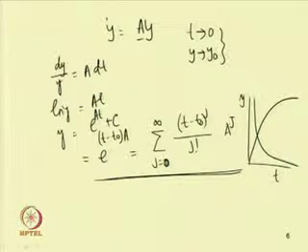If the eigenvalues lambda i of the matrix A are distinct, then there exists a matrix P, which is equivalent to the modal matrix.